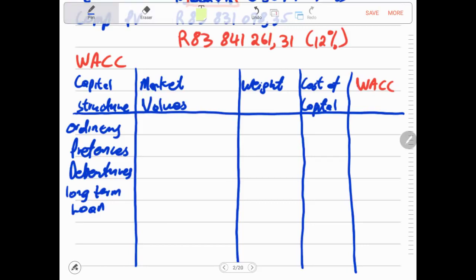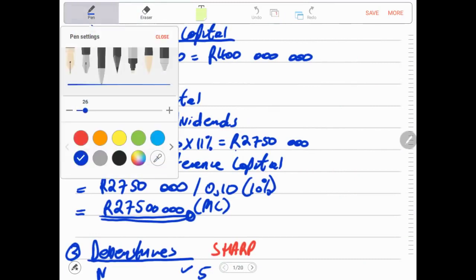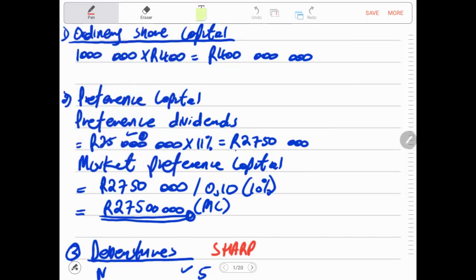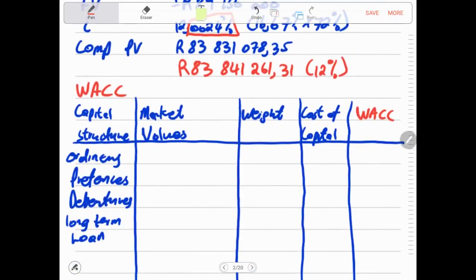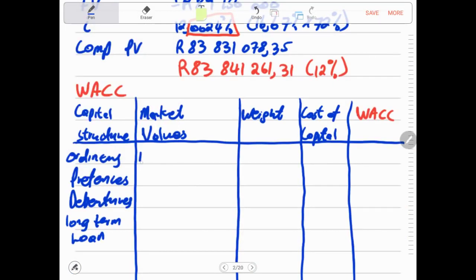Then our ordinary stated capital according to the market was 400 million. So we take that as is, we paste where it's supposed to be. 400 million.